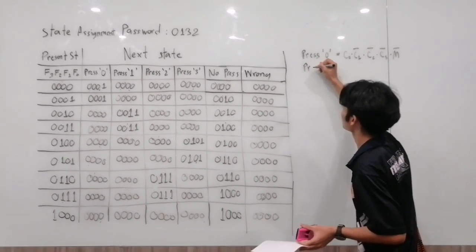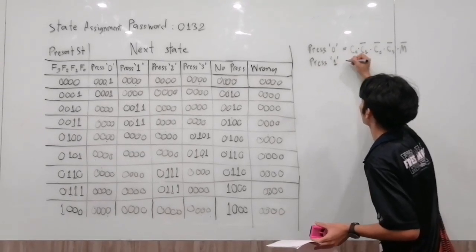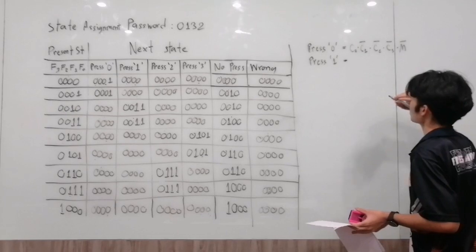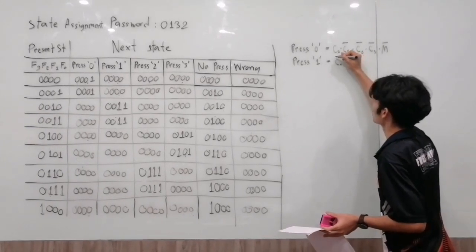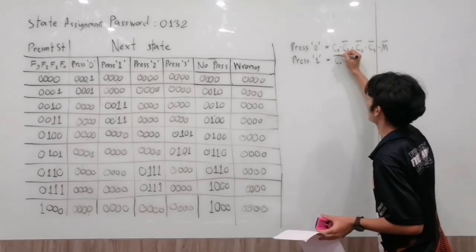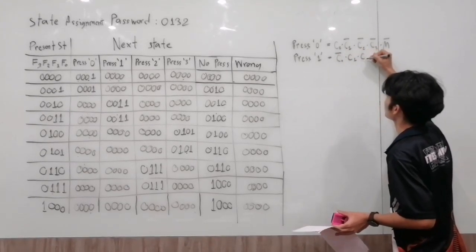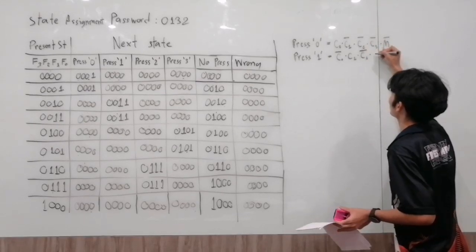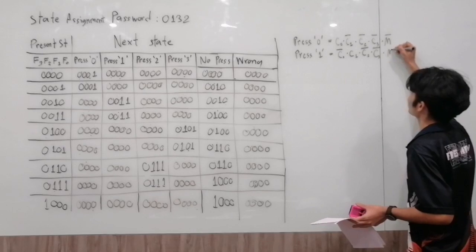Next, press 1 is C0 bar and with C1 and with C2 bar and with C3 bar and with M bar.